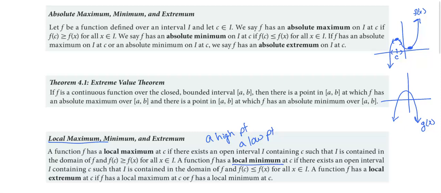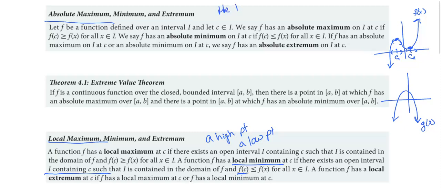We're still talking about some kind of small interval that contains our value. I'll call this C1 and this one will be C2. So we're looking at a small interval around here where that y value is the smallest y value in that particular interval.